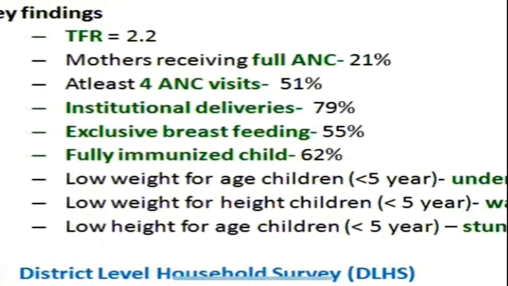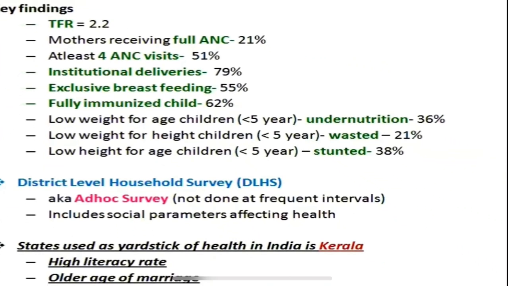At least 4 ANC visits were made by 51% of pregnant women. Institutional deliveries were 79%. Exclusive breastfeeding was practiced by 55% of the population. Fully immunized children were 62%.